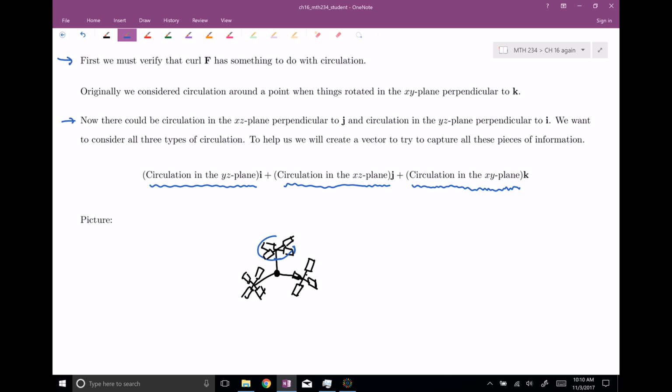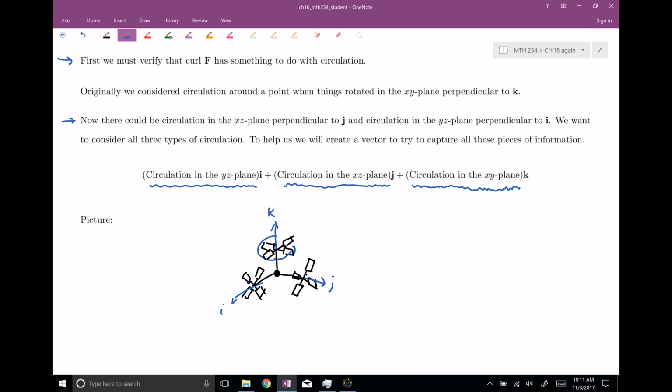And we get circulation in the xy plane. That's all of the stuff that's perpendicular to k. Here is k, here would be i, and here would be j: the x direction, the y direction, the z direction. So this pinwheel right here is telling us information about circulation in the xy plane.